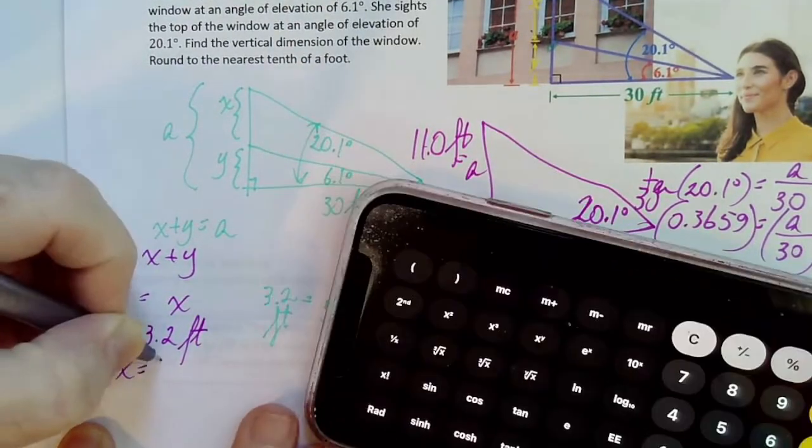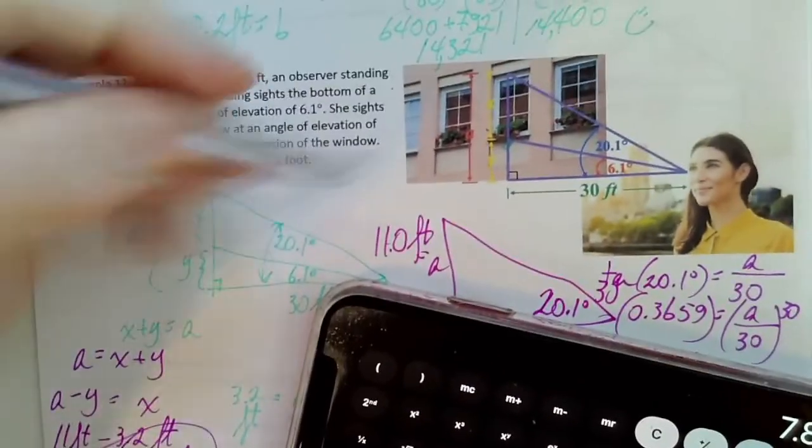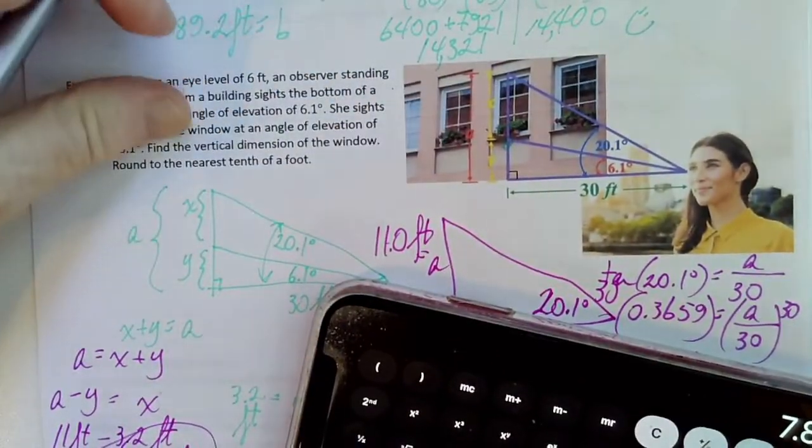X is equal to 7.8 feet. So the window has a height of 7.8 feet.